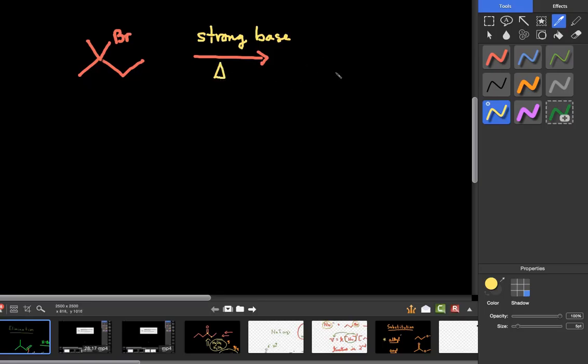And what we would obtain would be an elimination product. Notice the elimination product we get is not the original alkene, and that's because the more thermodynamically stable product is going to be preferentially formed in this reaction. This is called Zaitsev's rule.